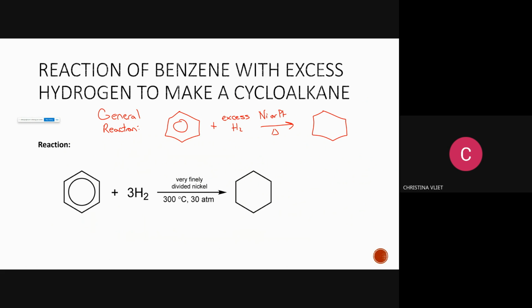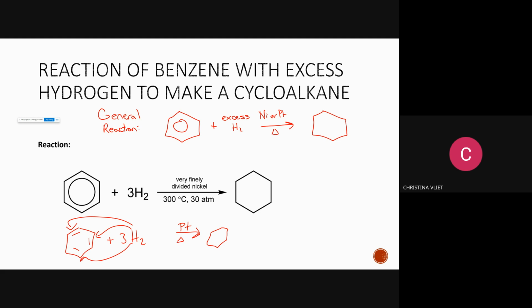Basically, all three double bonds, that's why it says 3H2 here. You add hydrogens there, you add hydrogens there, and you add hydrogens there via a typical addition reaction. And you end up with cyclohexane. Only with platinum and hydrogen. That's another way of looking at it. You're adding hydrogens to all the double bonds. So what type of reaction is this?